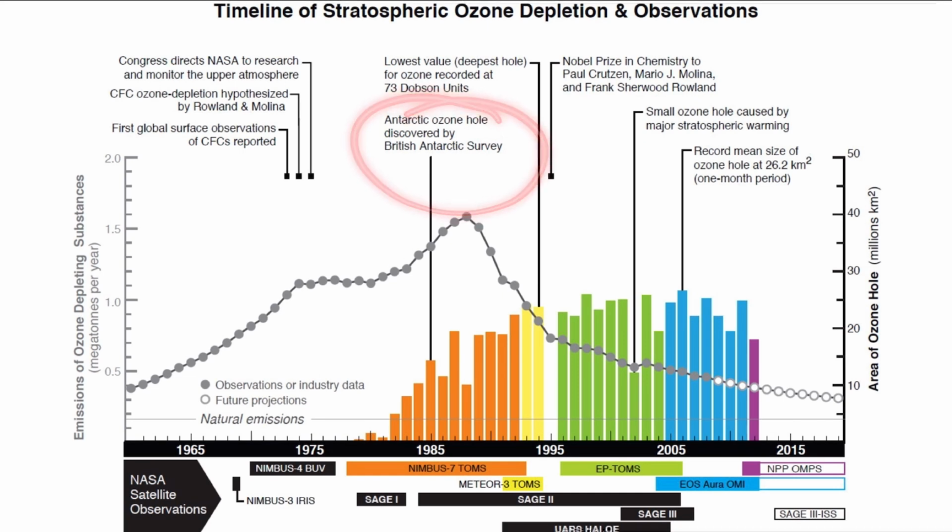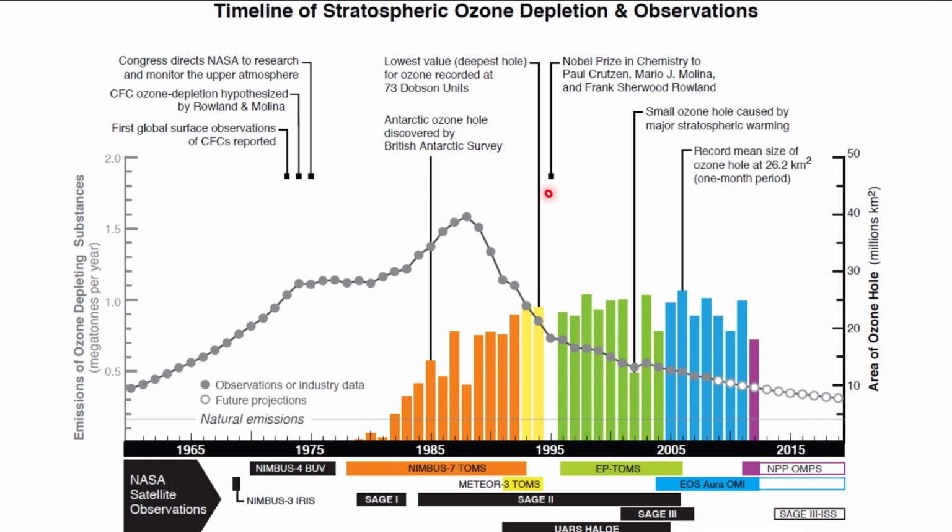The Antarctic ozone hole was first discovered in 1985 by the British Antarctic Survey, and in 1994 the lowest value, the deepest ozone hole, was recorded, and it was only 73 Dobson units thin.